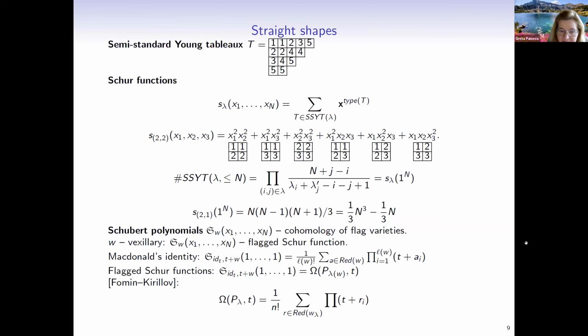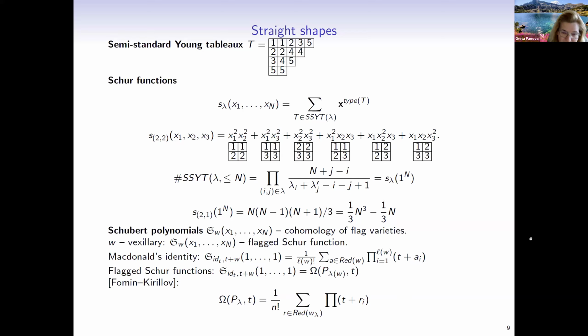This is an identity that was also observed by Fomin and Kirillov about 30 years ago. So we have this beautiful formula. There is a way to make it a little bit more explicit and say what these R_i's are, but I'm not going to write it here.